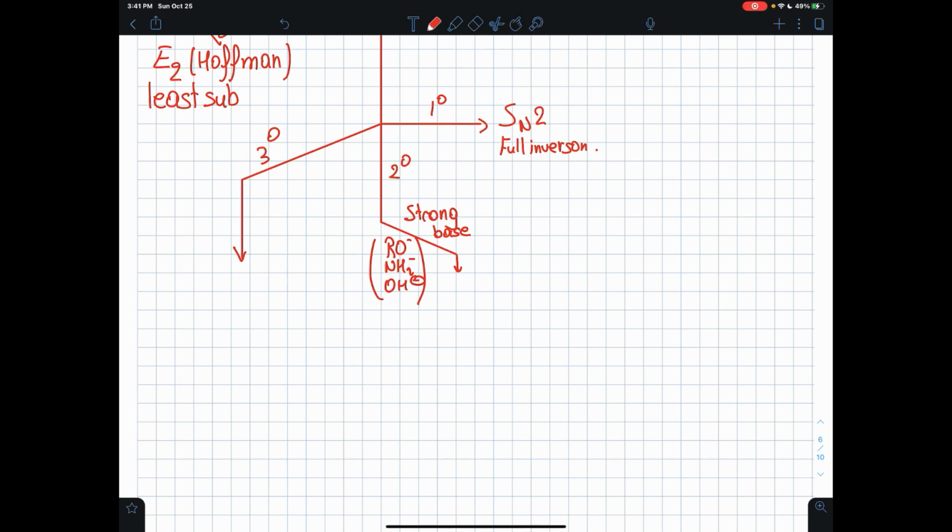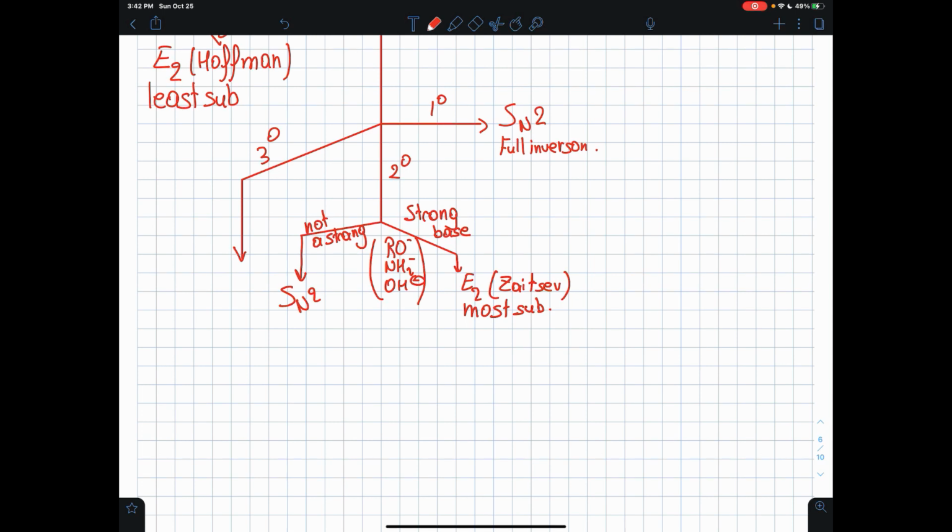And that will end up with also an E2, but this time it's Zaitsev. And what that means is it's going to be the most substituted alkene. Now the other part of secondary is having not a strong base. If you don't have a strong base, that would end up with an SN2.